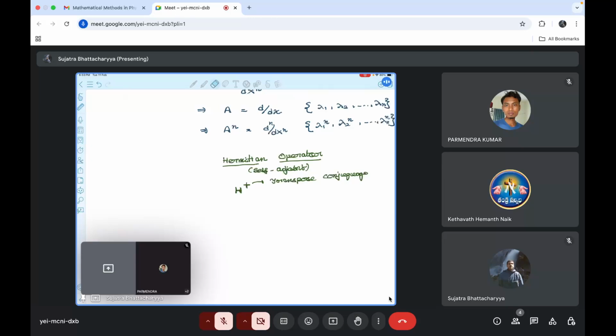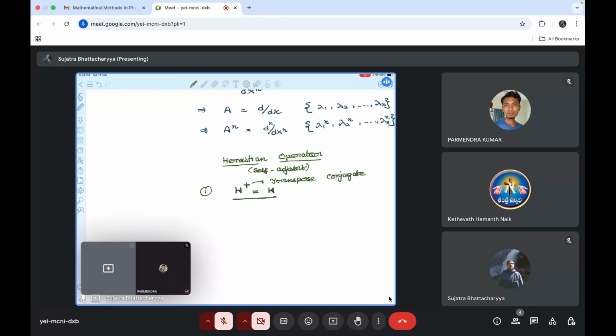So you take the transpose of this particular matrix H and wherever the iota terms are there, just make the sign change. So H dagger, the transpose conjugate of this Hermitian matrix, becomes the Hermitian matrix itself. This is the important property, and this is the property which will tell you whether a matrix is a Hermitian matrix or not. So this is a very important property which one must know.